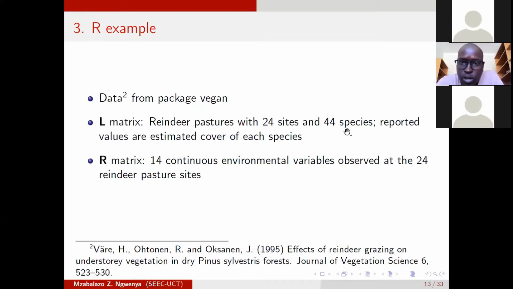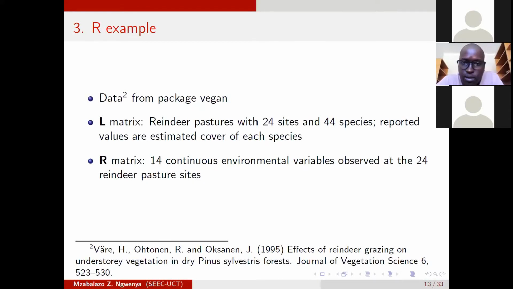For each of the sites, for each of the species, we've looked at the percentage cover. So you take a site and say it's 50% covered by a specific species, 30% covered by another specific species. And that's what goes into our L matrix.